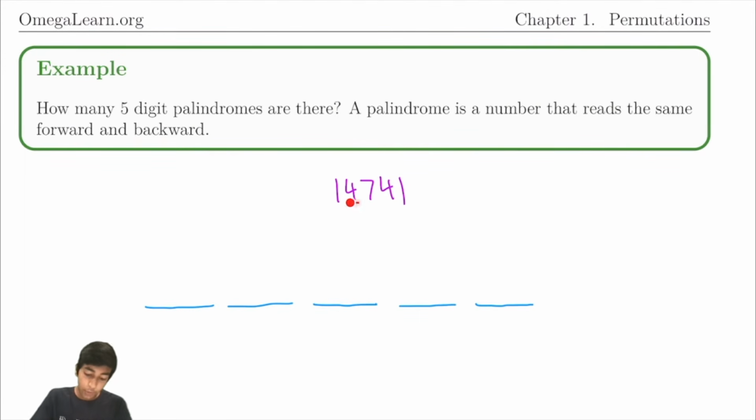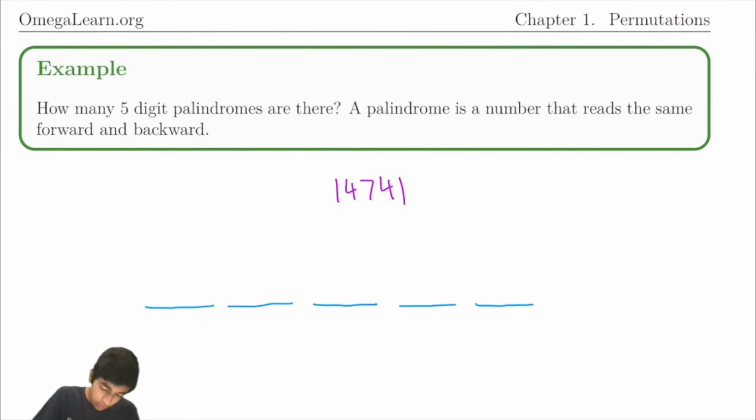Now, the second and fourth ones must also be the same, because if you read it from left to right, then this number will be second, but if you read it from right to left, then this number will be second, so they have to be equal. So first and fifth digit equal, second and fourth digit equal, and the third digit can be anything, because it's always in the third position when read from left to right or right to left.